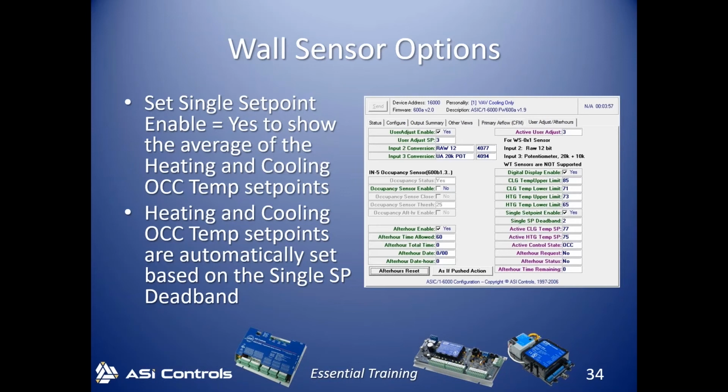Then they can use the up down arrows to just shift that midpoint, and then it adjusts the cooling and the heating set point at the same time. And so that ended up saving a lot of service calls, and that's easier for a lot of people to work with, as opposed to changing the heating and cooling set points independently. So that's what this single set point enable checkbox does.